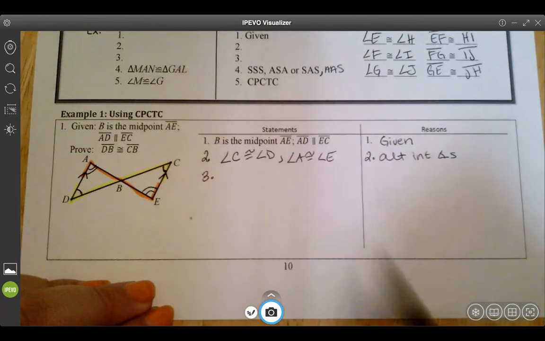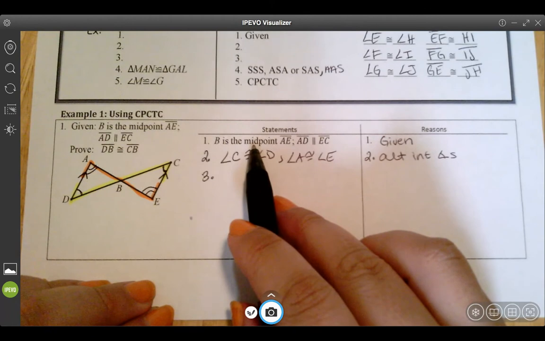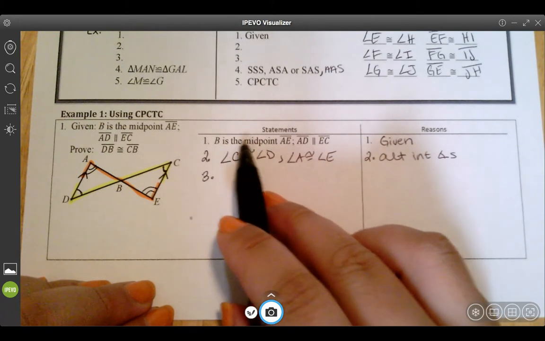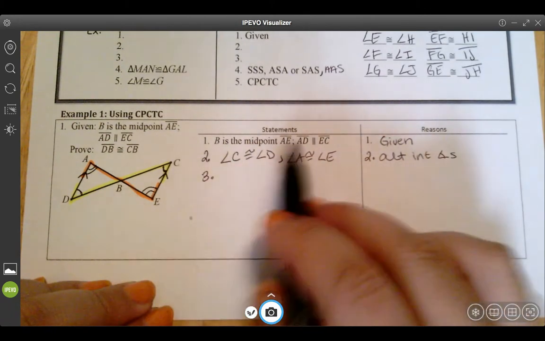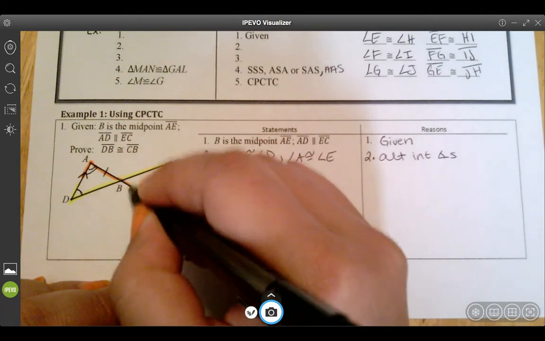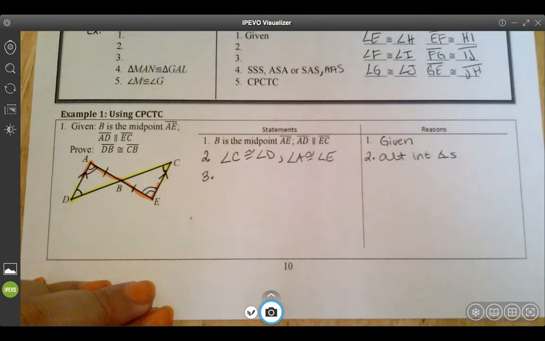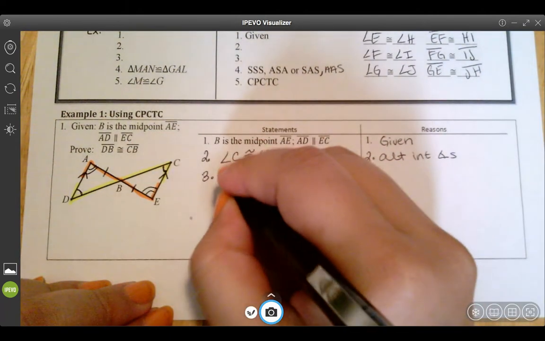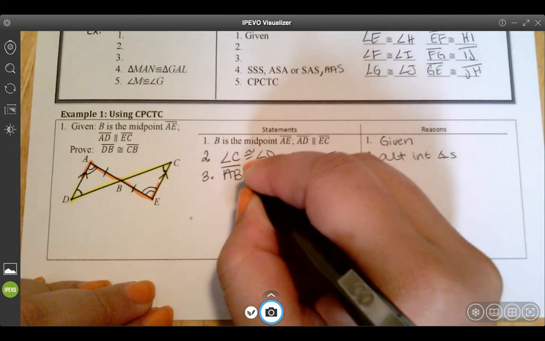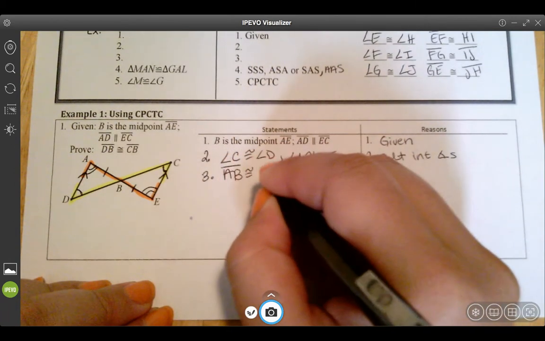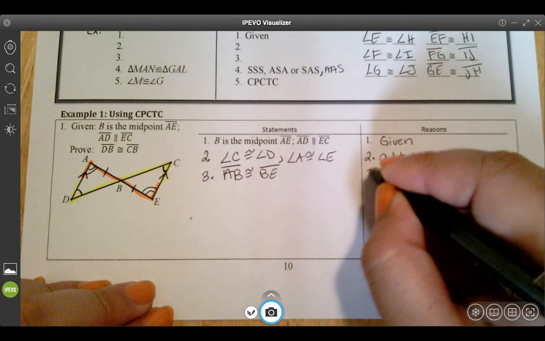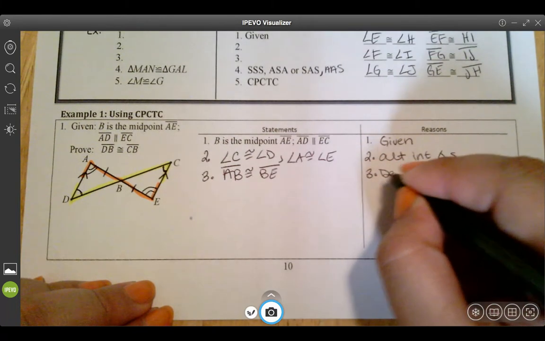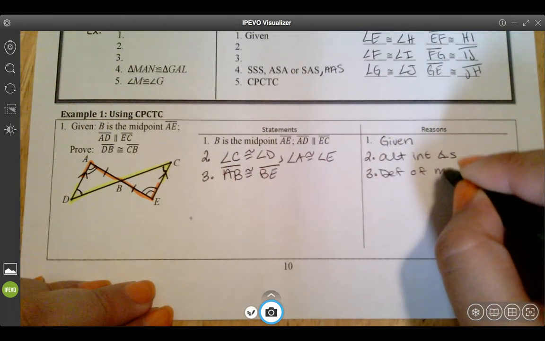Well, separately, if I have a midpoint, that means I have two congruent segments. And so if B is the midpoint of AE, that gives me congruent segments on either side of B. And so we can say segment AB is congruent to segment BE, and that is by the definition of midpoint.